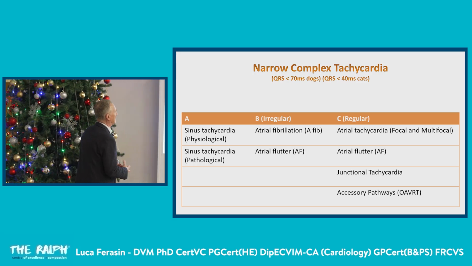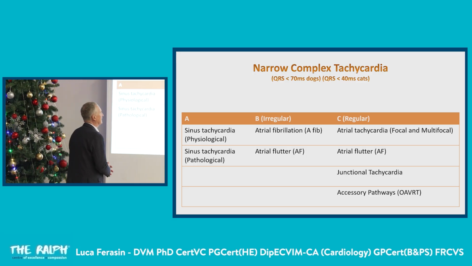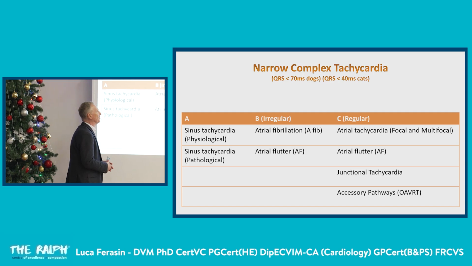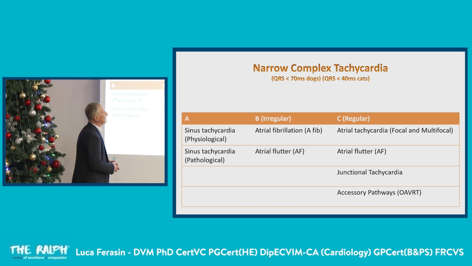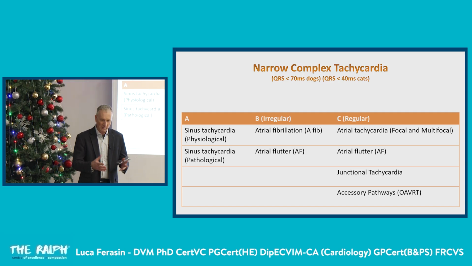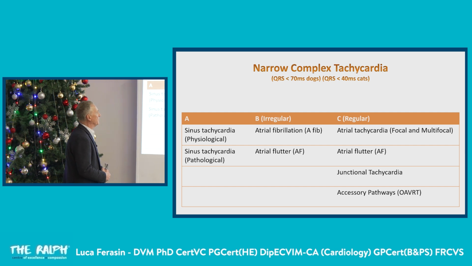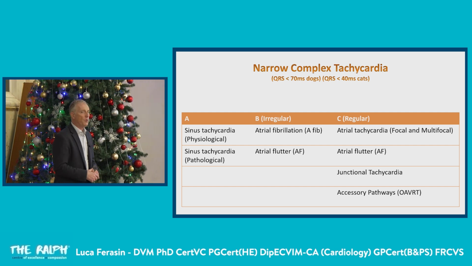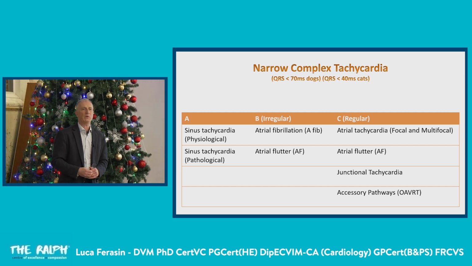But regular tachycardia, atrial for sure, is a very regular tachycardia. Could be focal or multifocal. We tend to see more focal than multifocal, but both are possible. We can have junctional tachycardia, or we can have accessory pathways.